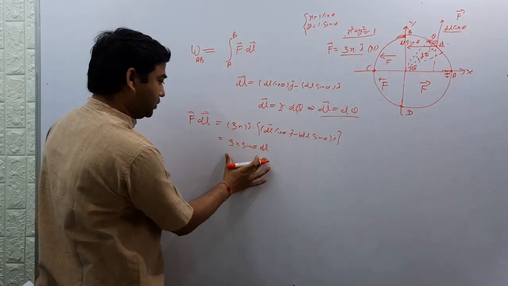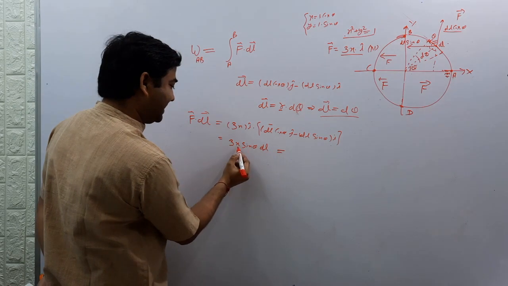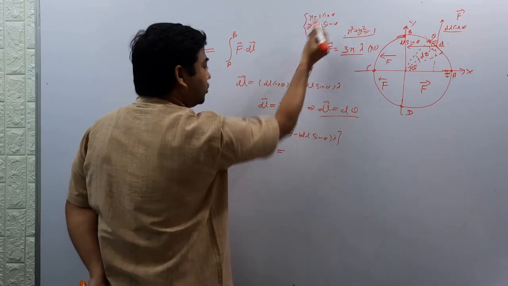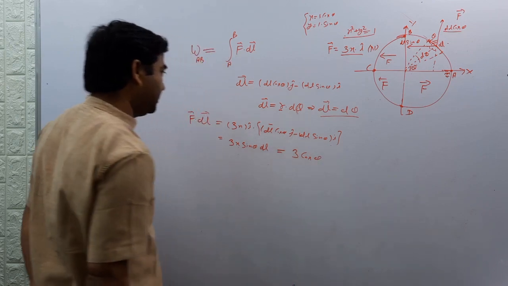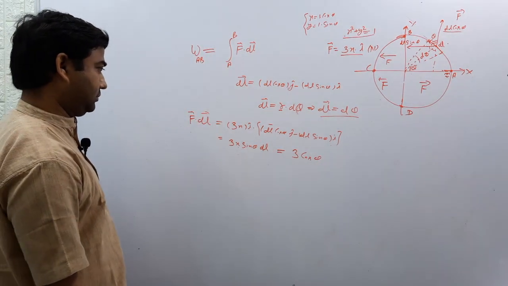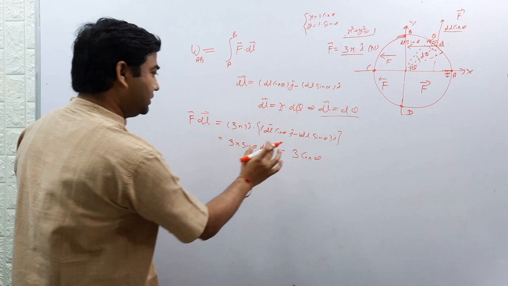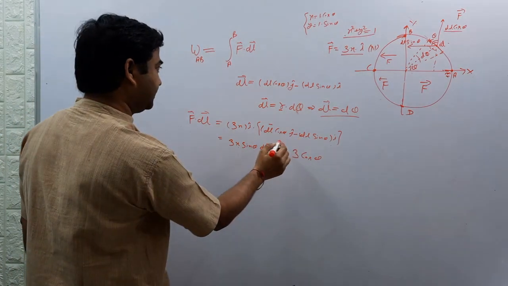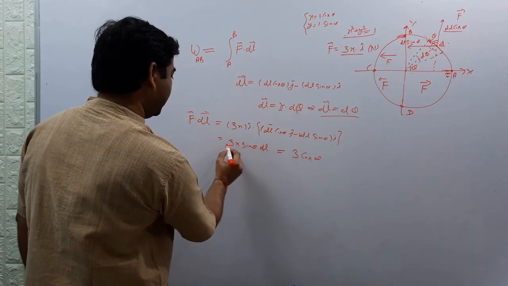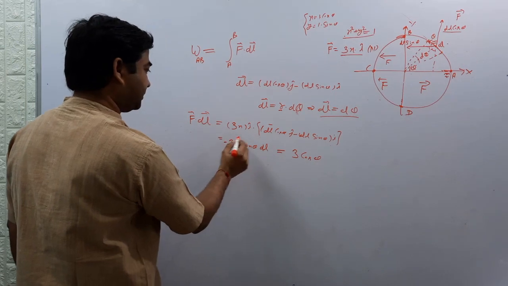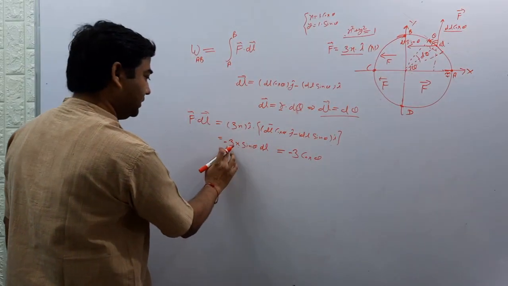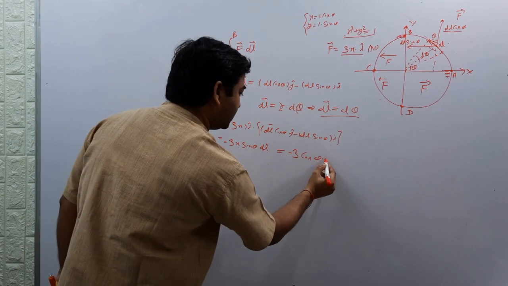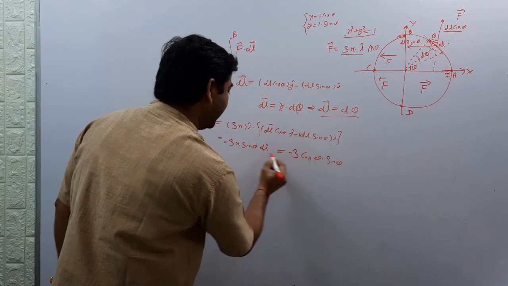So this dot product can also be written with x as cos theta: 3 cos theta, and here it was minus, so this will be minus 3 cos theta sin theta dl.